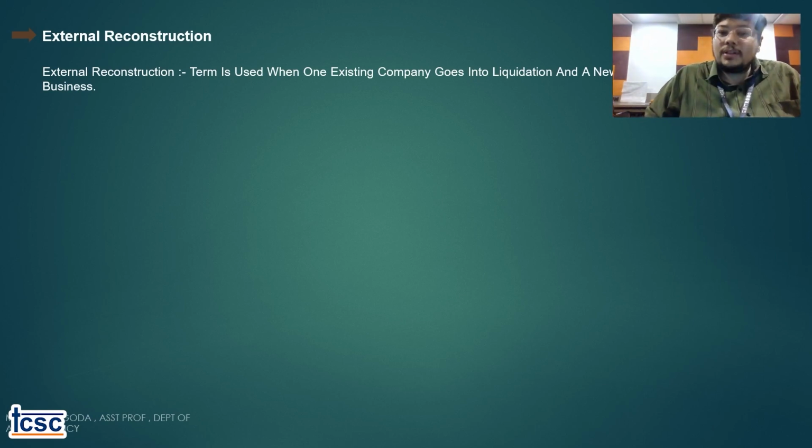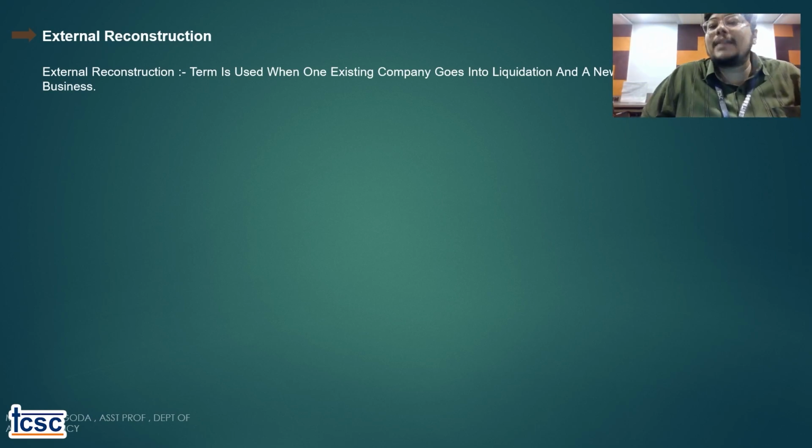But in external reconstruction, there will be a new company which will be formed. The management, the employees, the shareholders of the company will remain same, but the company will get a new name.